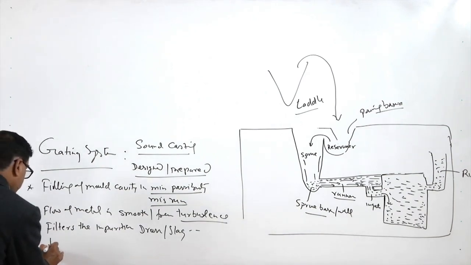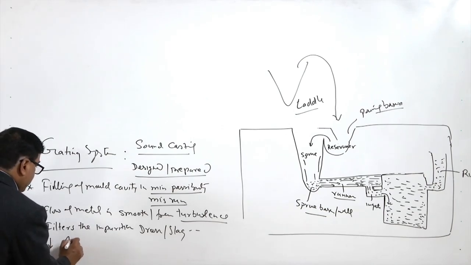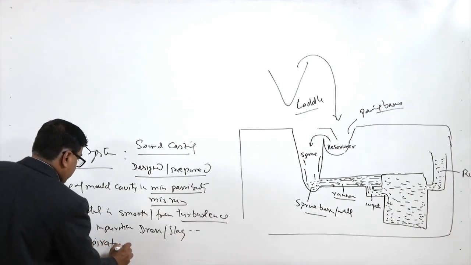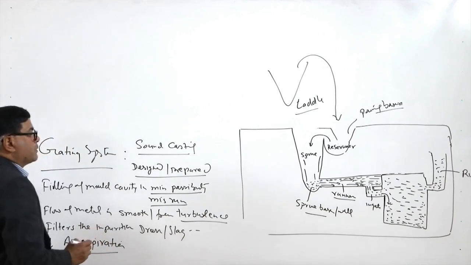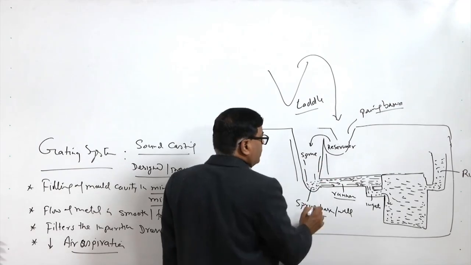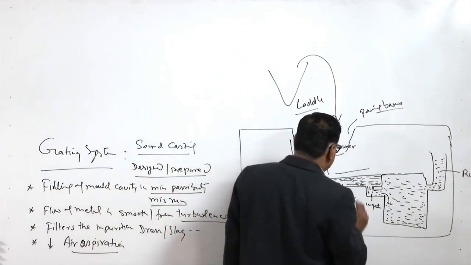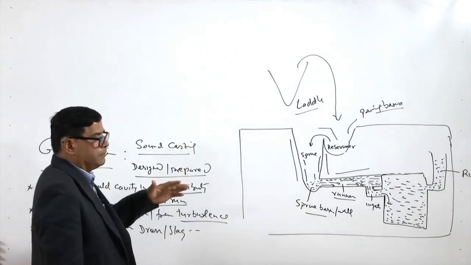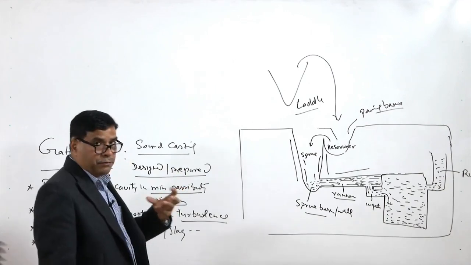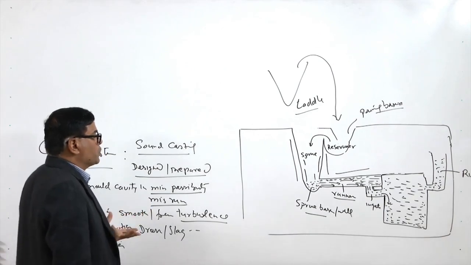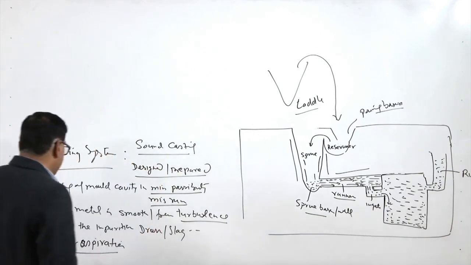Another is the flow should be such that, as I have mentioned, air aspiration is reduced. So, for this purpose, the design of the sprue and the design of the runner are made in such a way that they are always full of the molten metal and no negative pressure is created, so that air can be aspirated through the pores which are present in the sand mold.